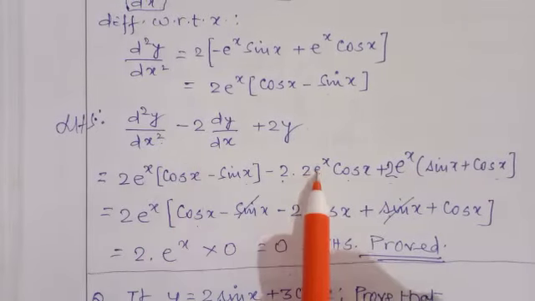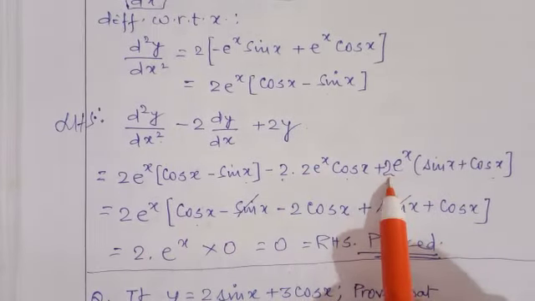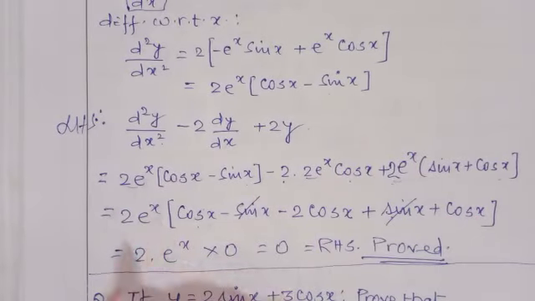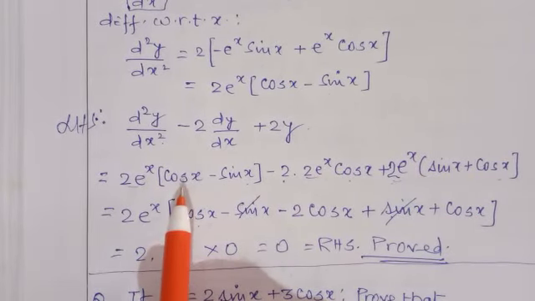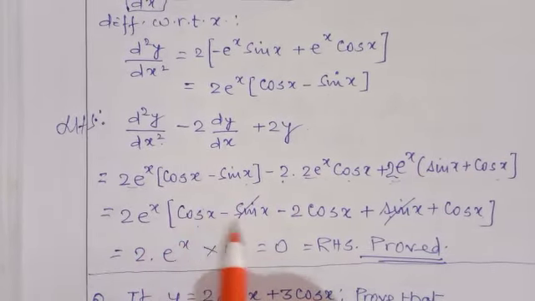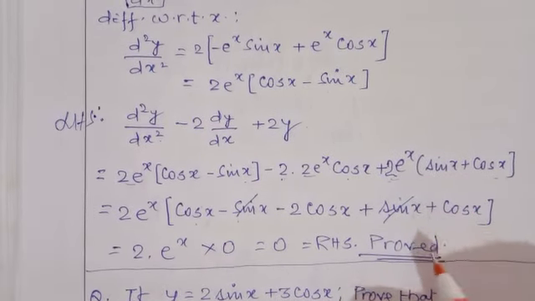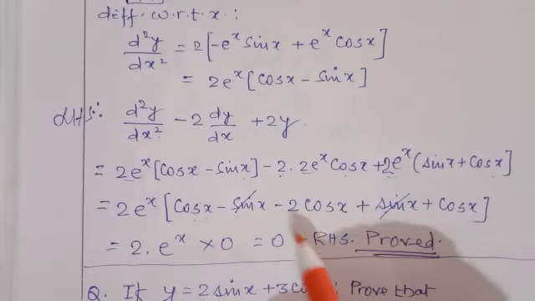So write down the value of 2y. Now in all the three terms, take 2 e to the power x as common. See what is left here: cos x minus sin x. Here it should be minus 2 cos x, because 2 e to the power x has gone to the common portion. Here sin x plus cos x. See, some terms cancel.